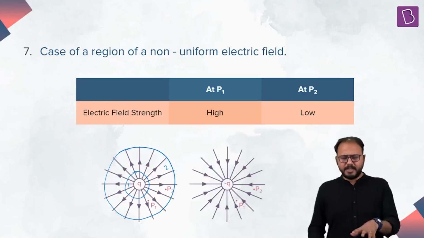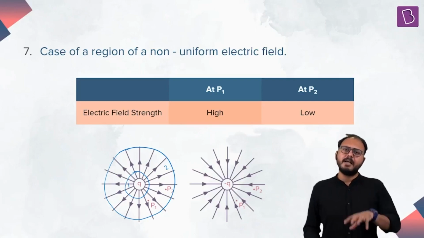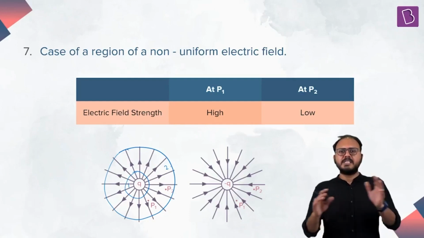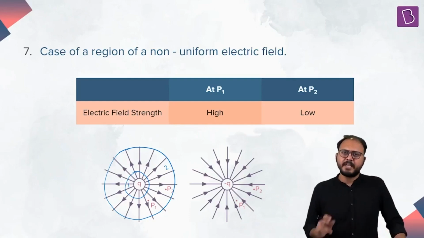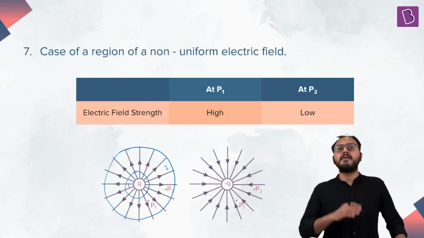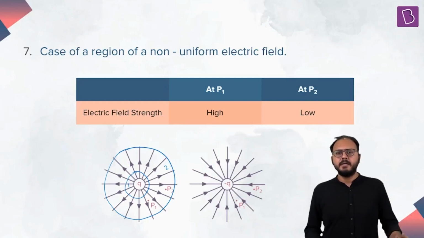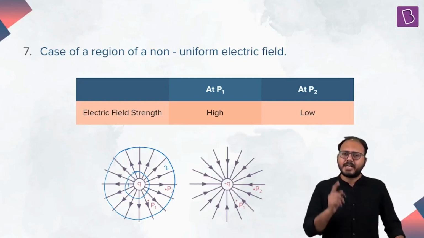In other words, pertaining to my current example, as I go away from charge Q, the density of lines is decreasing, hence the magnitude of electric field is also decreasing, which I already knew. Remember, E proportional to 1 by R square? But I'm saying even if I didn't, just by looking at the diagram, I can actually figure that out.